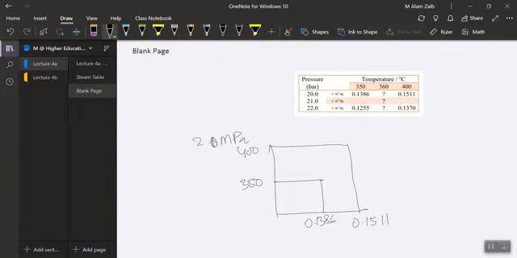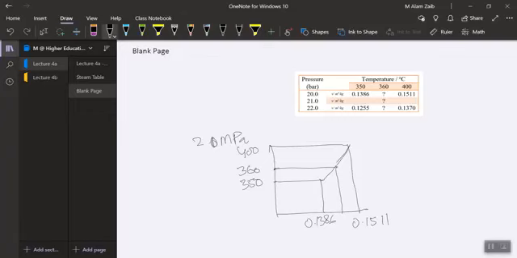Now, to find out the value of volume at 360, I would do the interpolation between 350 and 400.